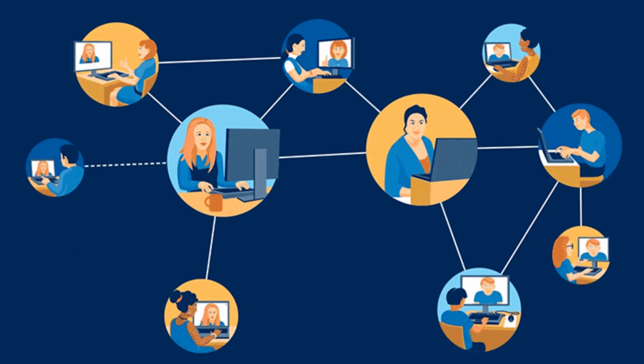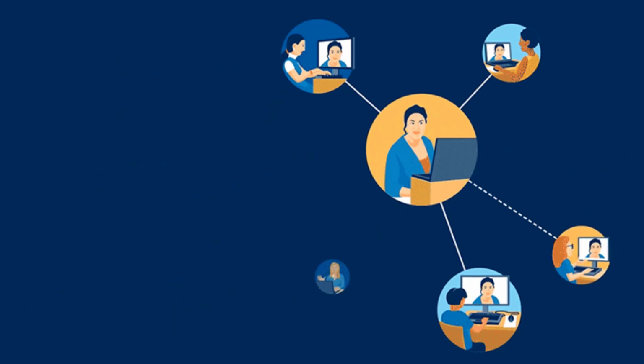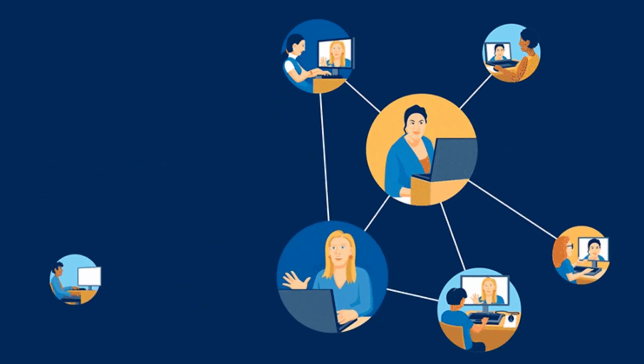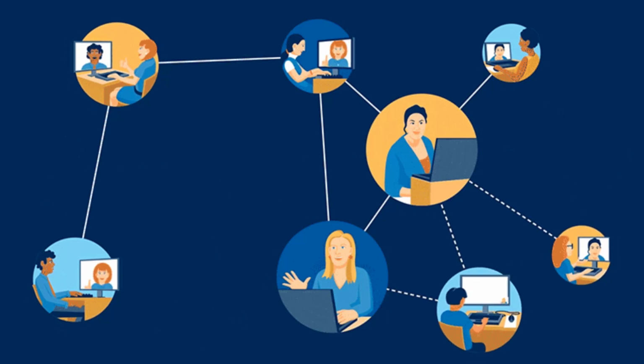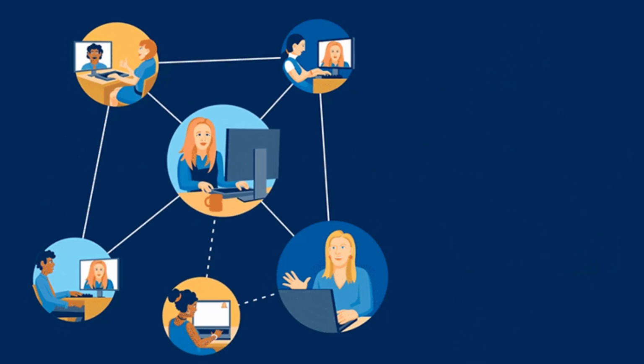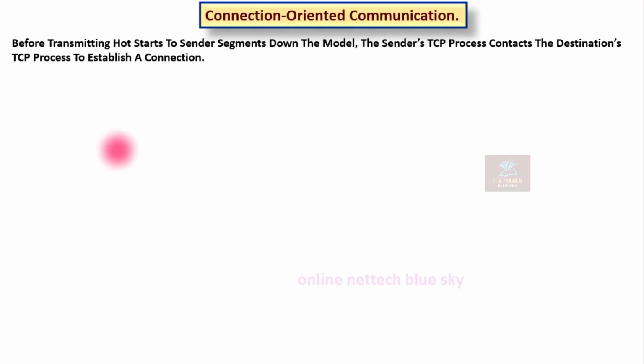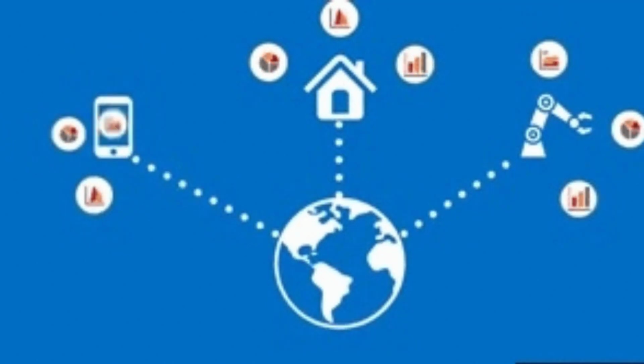Before you transmit, the data starts to be sent as segments down the model. This is very important to understand about the segment: not directly any file, any folder, any video, however small, on the internet or network side.